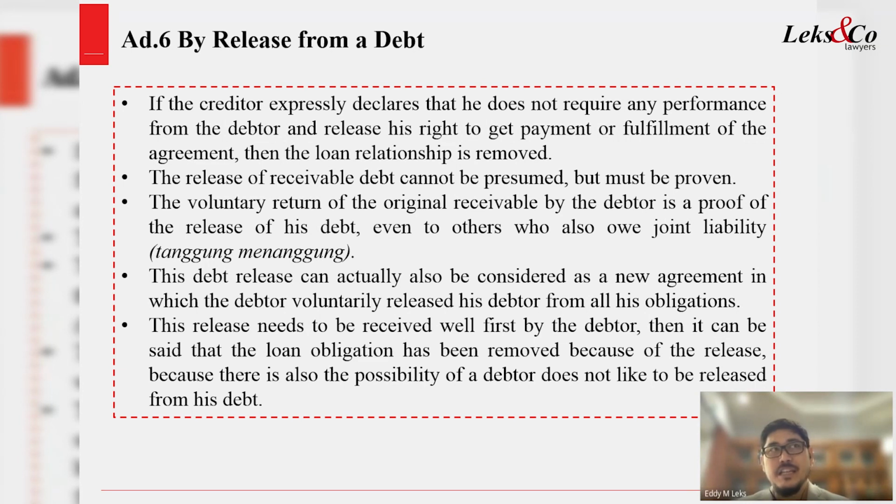But legally speaking, even though the accessory agreement is terminated, the underlying main agreement is still valid. So the main agreement, which is a loan relationship, if it is still valid, then of course there is still no debt release.